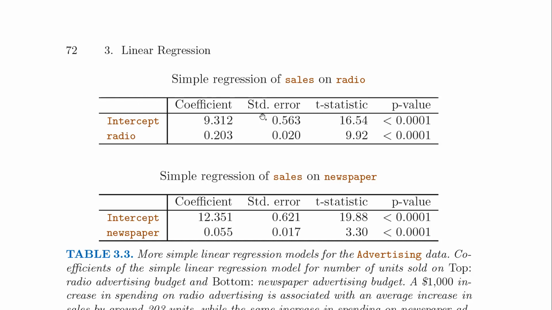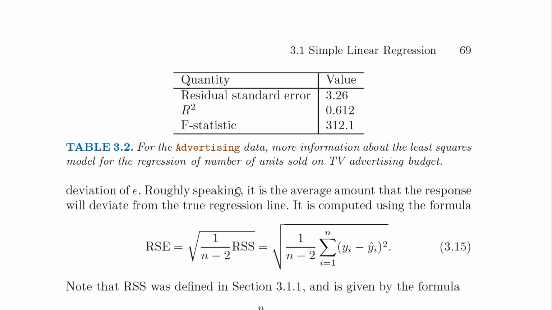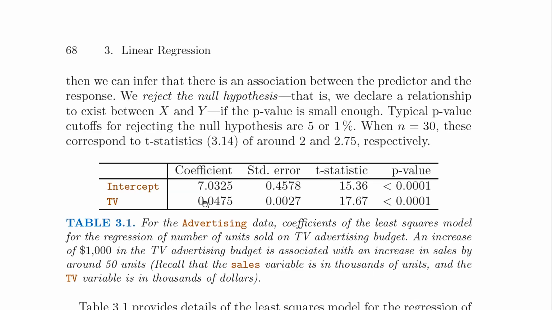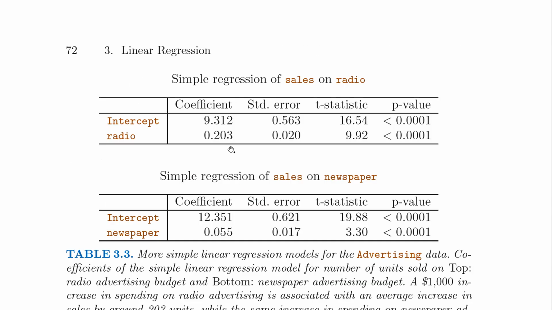So over here, we're regressing sales on radio, and you have your intercept term and your slope term, as well as on newspaper budget. Notice just to keep things in context, the TV slope, we estimated it as 0.05, and it's a lot lower than the radio and similar to newspapers.